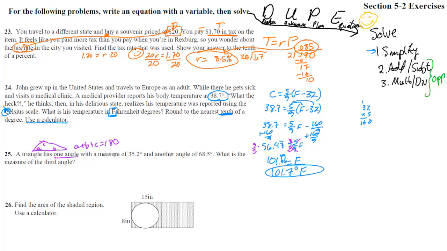So one angle, we'll call that A, with a measure of 35.2, another angle of 68.5, and we know 180 is the whole thing. So let's write out the equation: 35.2 plus 68.5 plus C equals 180. Now you might think, why don't you just add them up and subtract from 180? Bingo!